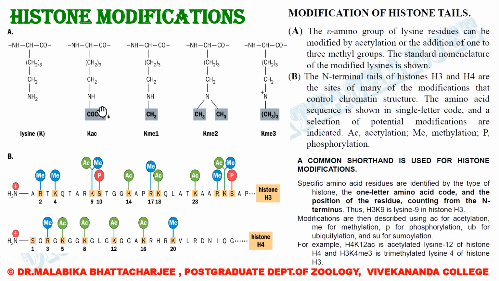Now, when we add an acetyl group, we are reducing the charge of a lysine molecule by 1 unit. If we add a second acetyl, we'll be reducing the charge by another unit. So remember, the moment we add an acetyl or a methyl group to the lysine molecule, the positive charge of the molecule is reduced by a unit. This is how the positive charges of the lysine get reduced, and as a result, the histone tends to become negatively charged.